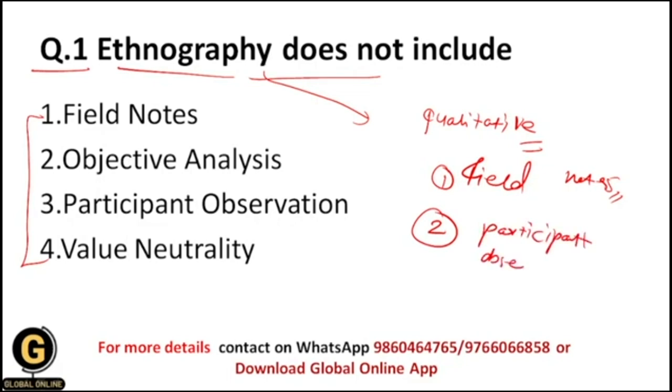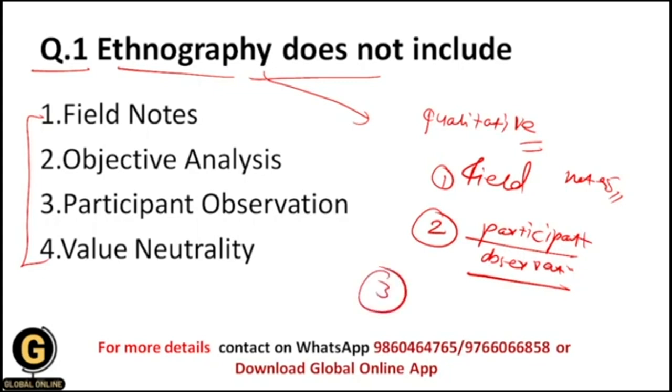Then the second one is that we also use the participant observation method. Participant observation is the most used method in ethnography, and in this method the researcher participates in a particular community or society, lives with the participants, and does all the activities with them, and so can study the specific culture of that community.